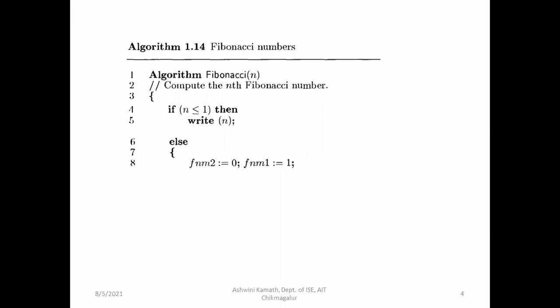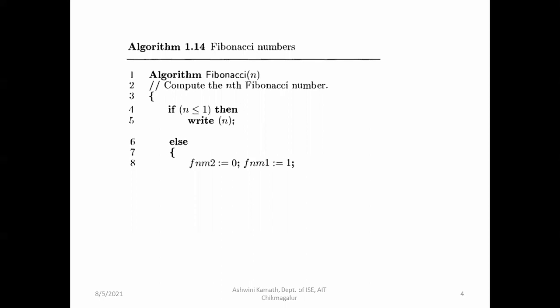Then else, if it is not 0 or 1, then go to the else part. Initialize these two numbers: FNM2 is equal to 0 and FNM1 is equal to 1. Consider FNM2 as the number n minus 2.